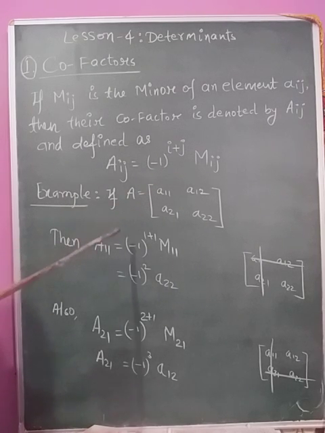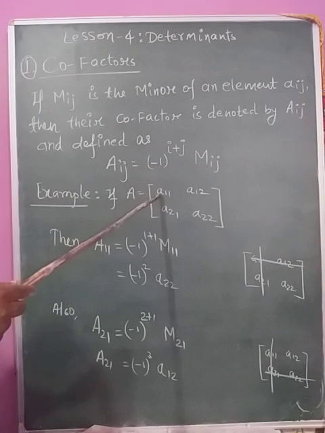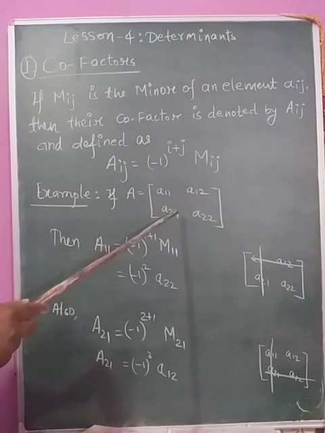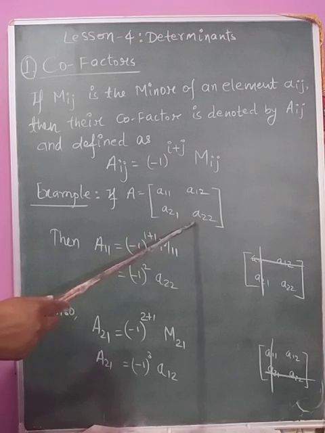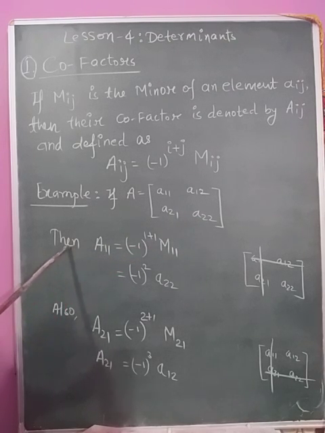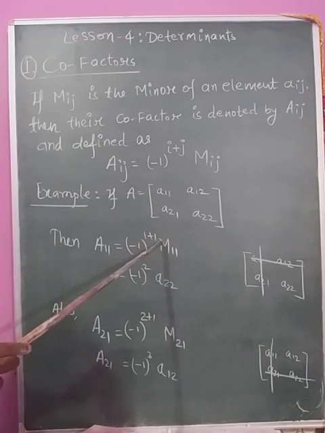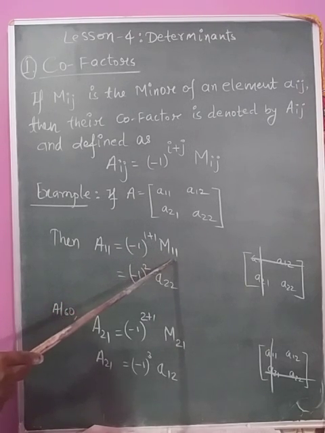For example, if A is a 2 into 2 matrix whose elements are A11, A12, A21, A22, then cofactor A11 is equal to minus 1 to the power 1 plus 1 capital M11.